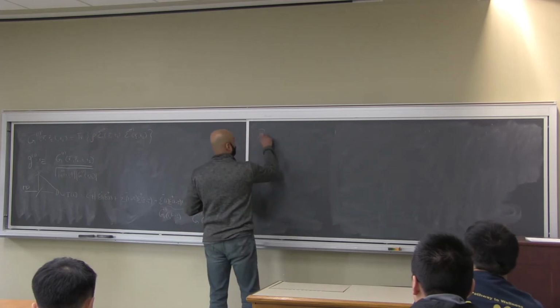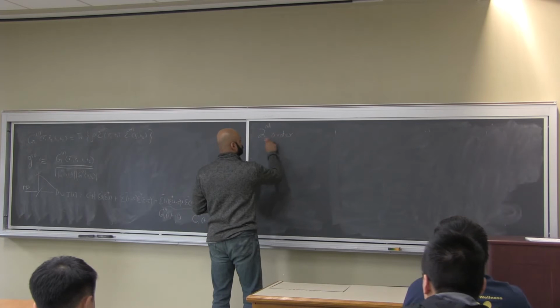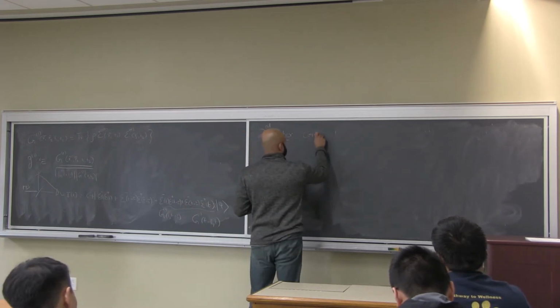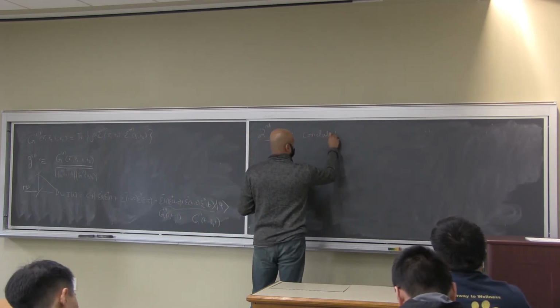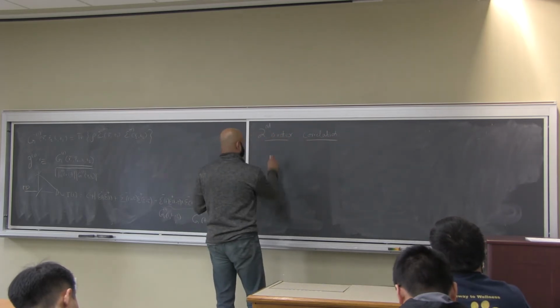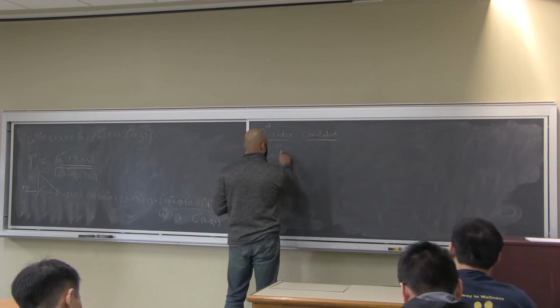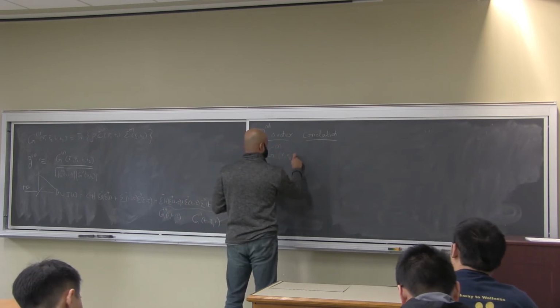The second order correlation function is just a generalization of that result, G2, and now of course you're going to have 4 indices.